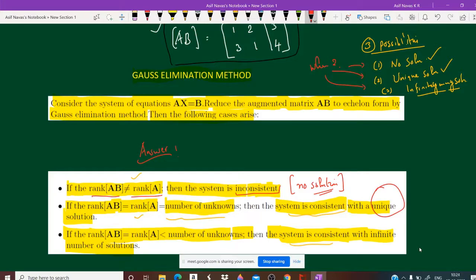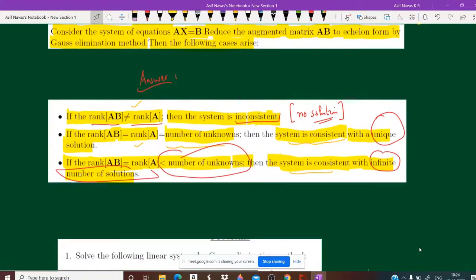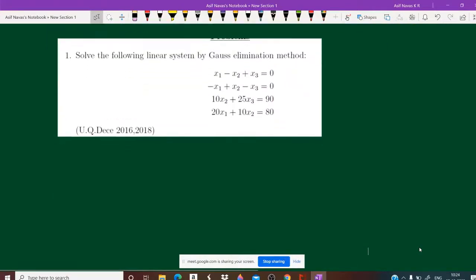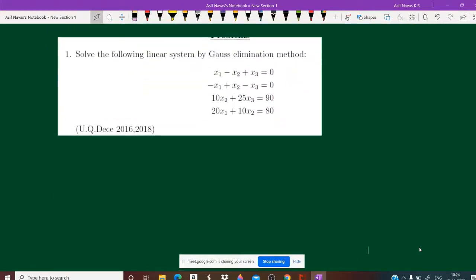And if it is less than the number of unknowns, then we have infinitely many solutions. So these are the conditions. Now we will do problems. Have you got an idea how to solve a system of linear equations? Now we will move to solving problems.